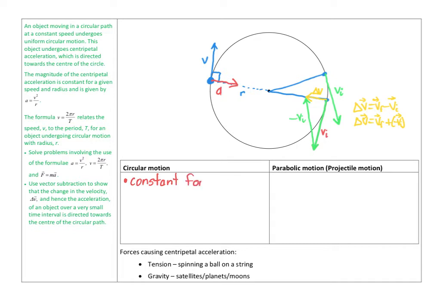But in the case of circular motion, the direction of the force is always changing, and the direction of the force is always perpendicular to the direction of motion. So as this spins around, the force is always perpendicular to motion. It's always changing direction. So the direction is perpendicular to velocity.